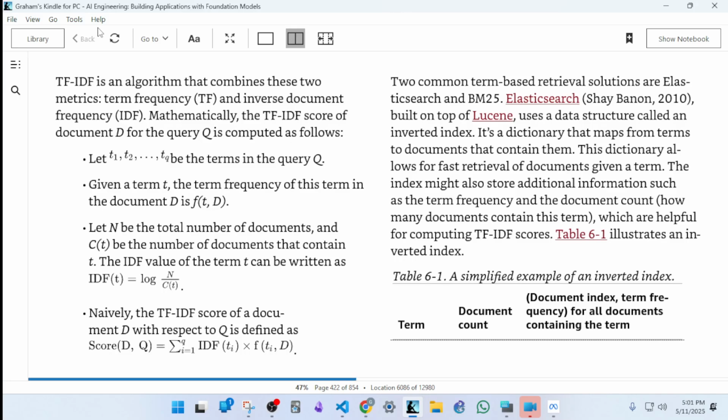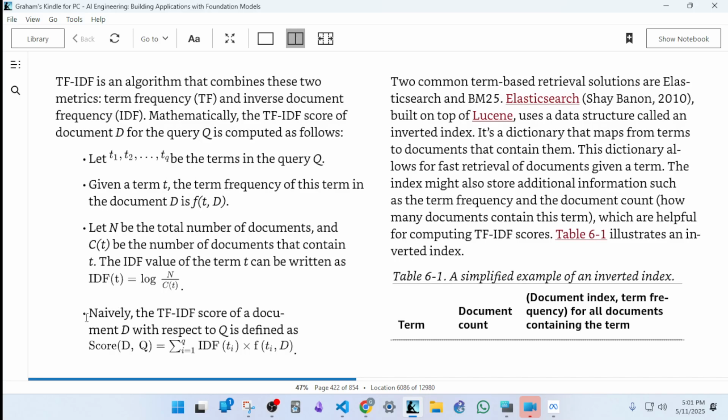Let N be the total number of documents and C(t) be the number of documents that contain t. The IDF value of the term t can be written as IDF(t) = log(N / C(t)). I think that is how you would say that.